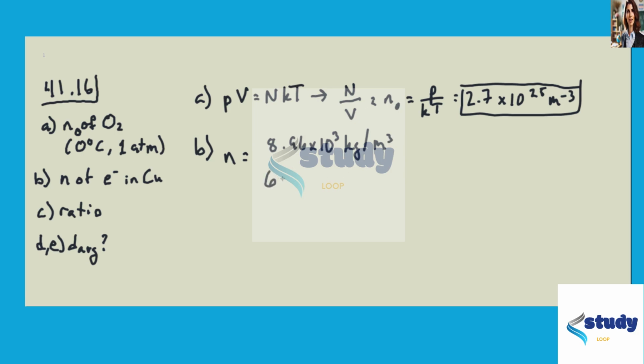We have the atomic weight of copper, 63.54. And then we have the mass of an electron, 1.67 times 10 to the negative 27th kilograms.